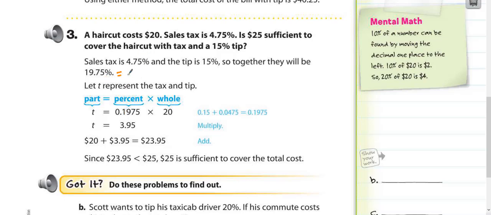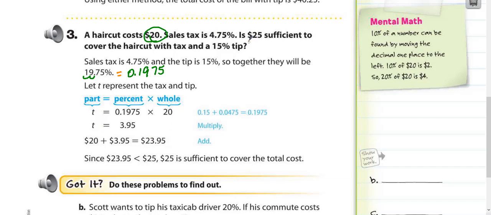So in this case, it becomes the decimal 0.1975 because that decimal moves over 2. Multiply that by the $20 cost of the haircut. You get $3.95 total. Add that to the cost of the haircut, and you know it's $23.95.